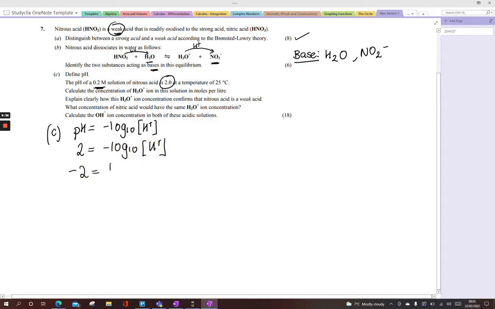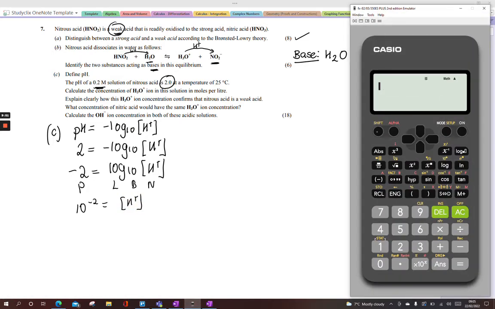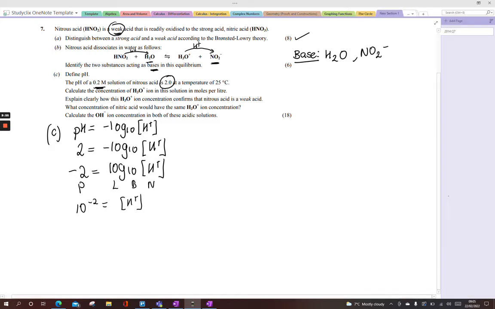Bring in that minus, and then do your anti-log. So your base is 10, the power is minus 2. There's my hydrogen ions: shift, log, minus 2, 1 over 100, or 0.01 molar.